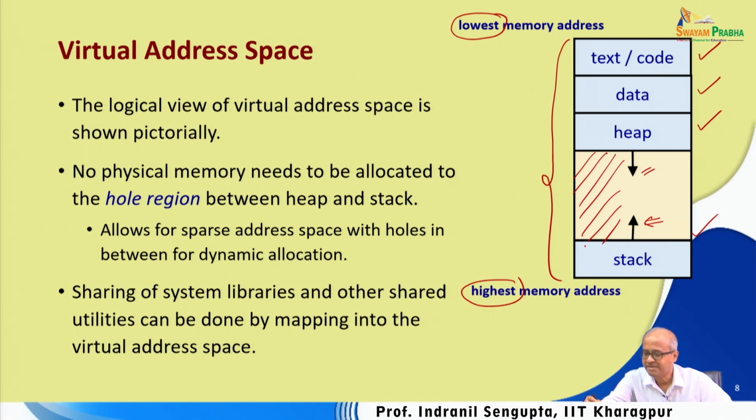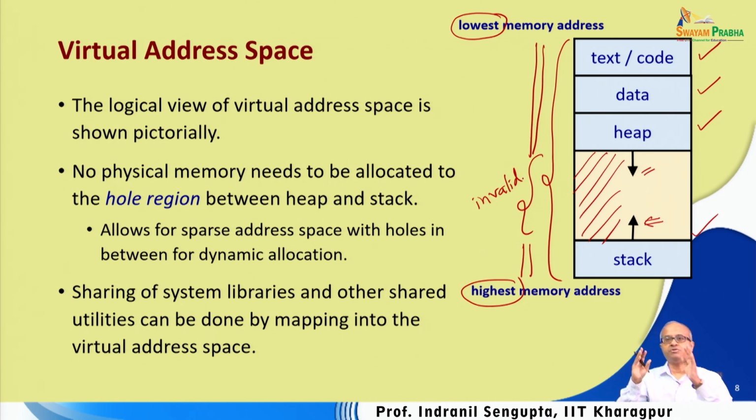So, you can say that this part is valid, this part is valid, but the middle part is invalid. So, you will also keep some information, when you are accessing memory, whether some addresses within the logical address space are valid or invalid. Invalid means no meaningful data is stored there. Understood? Fine.